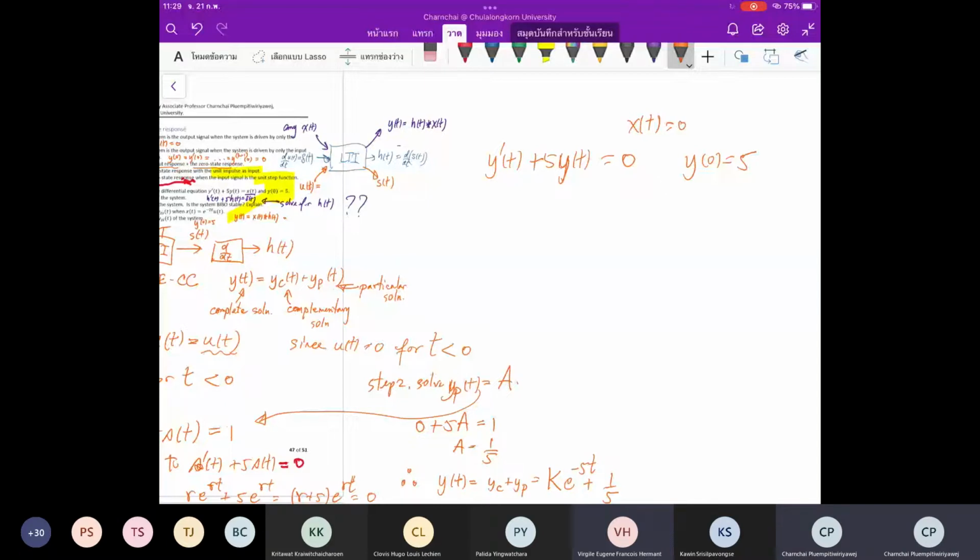We knew that y(t) is some constant k times e to the negative 5t. Then we substitute in y(0) equal to k times e to the 0, which is k, and it's supposed to be equal to 5, so k is 5. So in this case, the zero input response is 5e to the negative 5t.